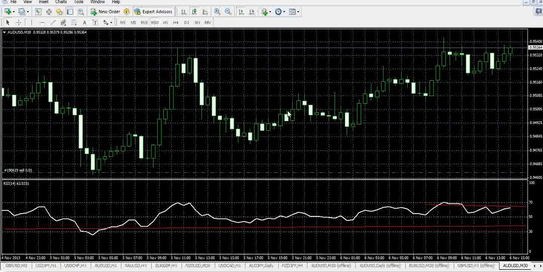I know people that use 3, 4, 5, 6 oscillators. All those oscillators, I must admit, are a wrong choice, because they will always show the same. If I for example use RSI and MACD, two oscillators, it's nothing. I can put 5 oscillators. They will show the same thing in slightly different ways, but this is it.